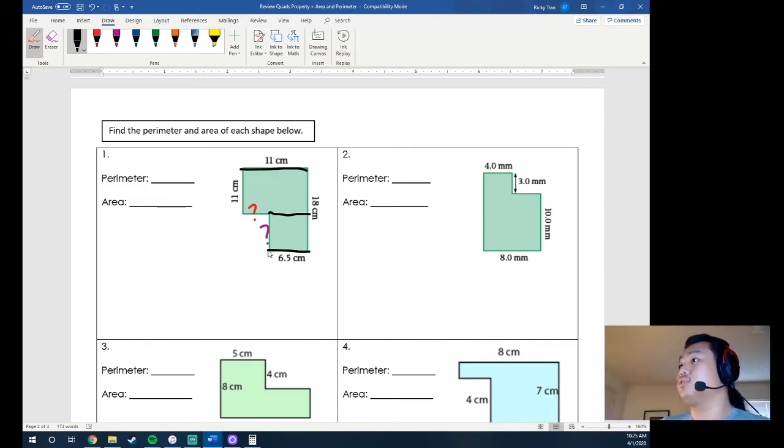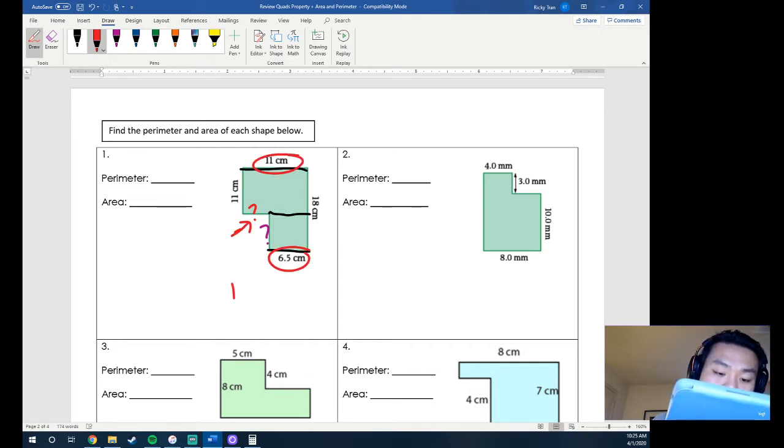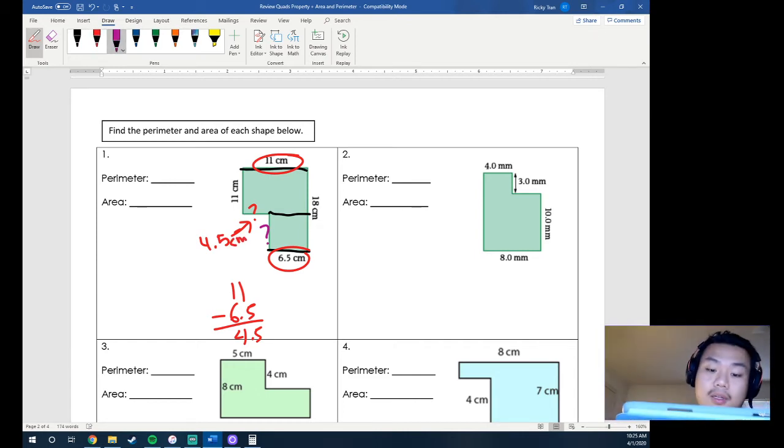Now, if you use your vision and look, you can see that in order to find the red question mark, which is this side right here, all we have to do is take this and subtract it from this. So we take 11 and we subtract 6.5, which gives us 4.5. So the measure of the red is actually 4.5 centimeters. Again, using your vision, look and see how this part right here, and you subtract that, will get you what you need. Okay?